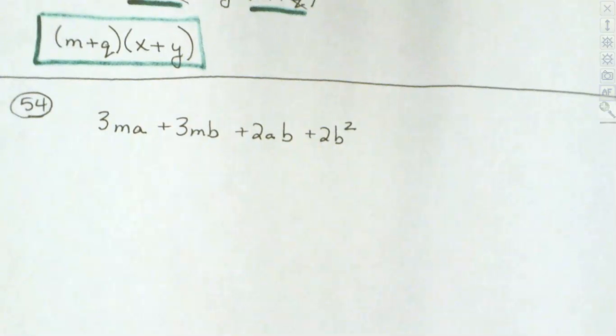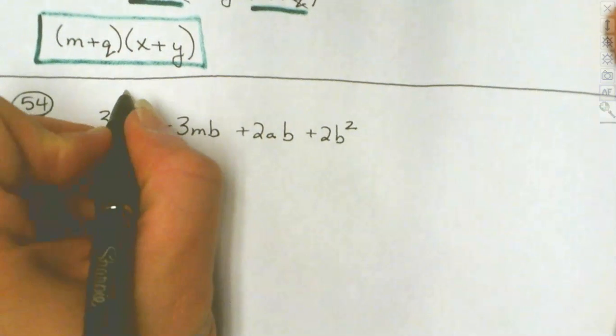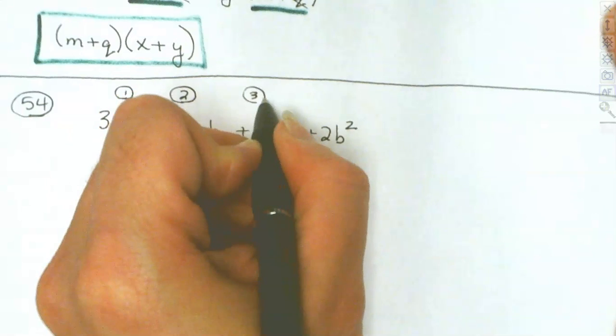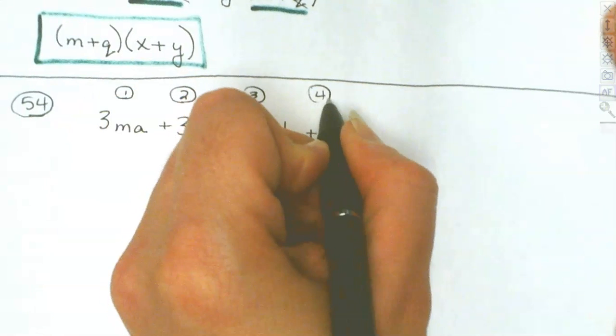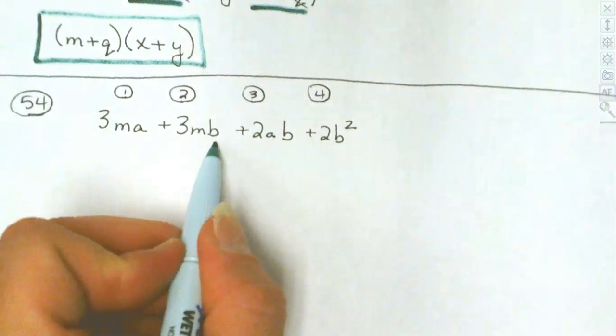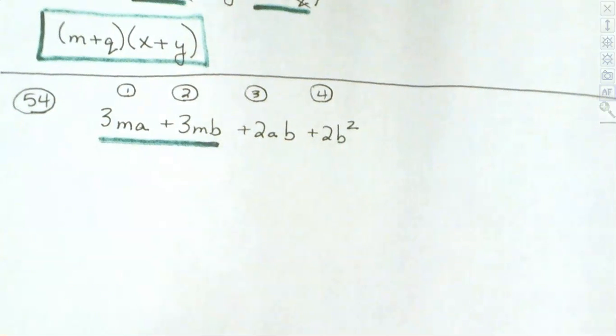We can't do that. How many terms do we have? 4. How do we handle 4 terms? Well, when we have 4 terms, we factor by grouping. So we're going to try and group the first 2 together. Now, you may have to switch the order in some cases, but this one we don't.